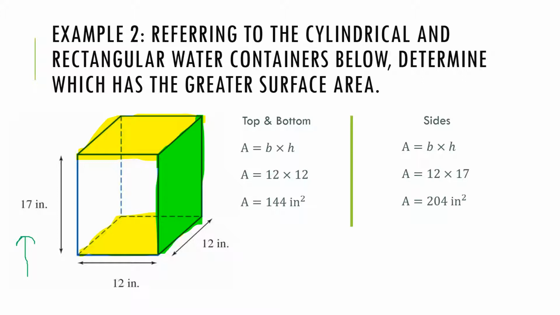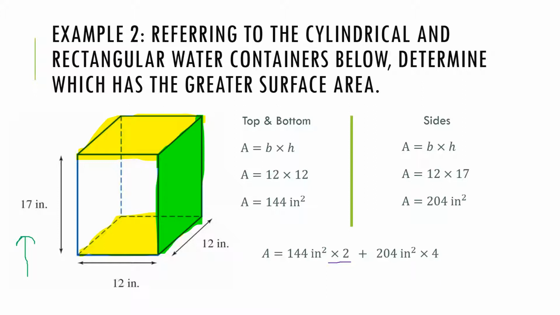Now to find the total surface area, you're going to have to add together the area of the top and the bottom plus the area of the sides. Now notice what I've done here. I've taken the area of the top and the bottom and I've multiplied it by 2. I'm multiplying by 2 because there are two of those exact shape. There's a top and a bottom. For the sides, I'm multiplying by 4 because there are exactly 4 sides that have that same shape.